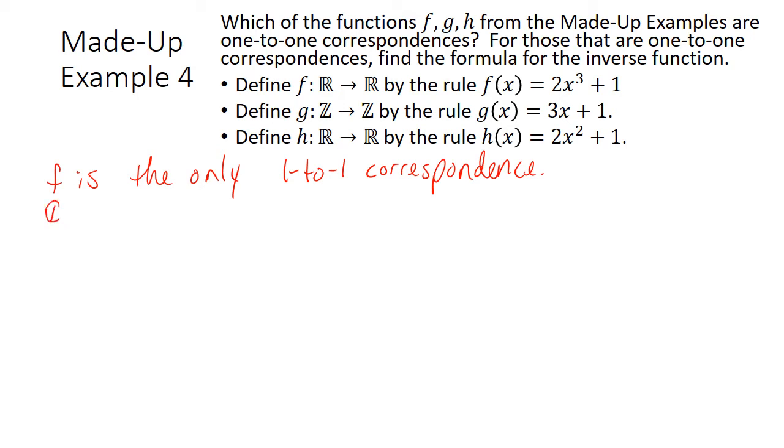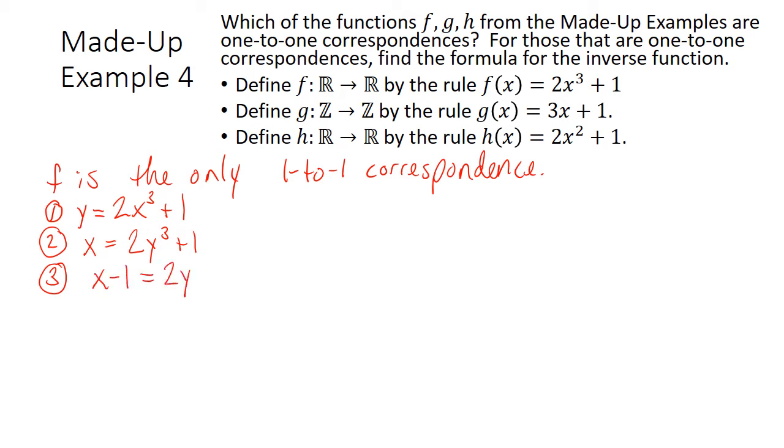I'm just going to follow those 4 steps. First I'm going to write y equals 2x cubed plus 1. And then I'm going to swap x and y, so I get x equals 2y cubed plus 1. And then I'm going to solve for y. I'll subtract 1 from both sides, and then I'll divide both sides by 2. So I get x minus 1 over 2 equals y cubed.